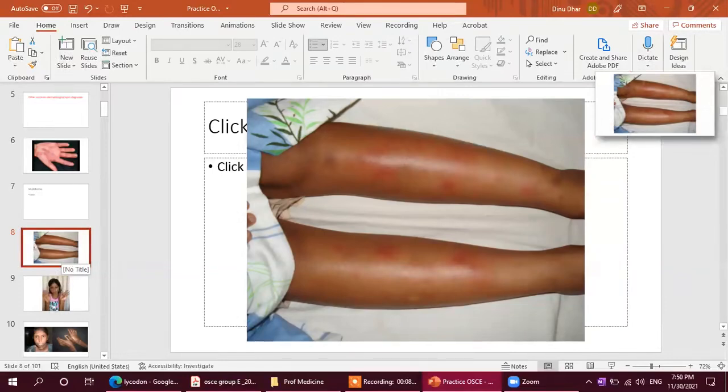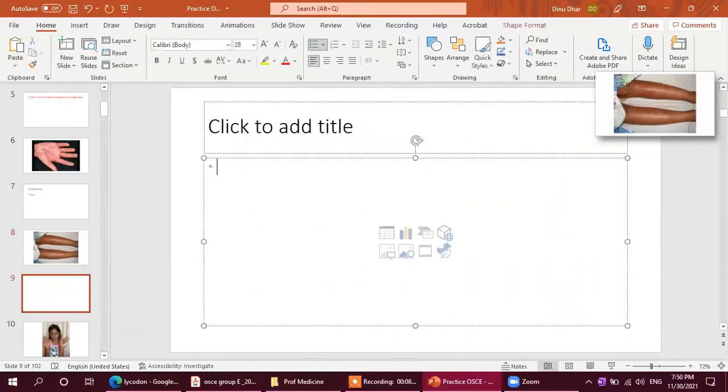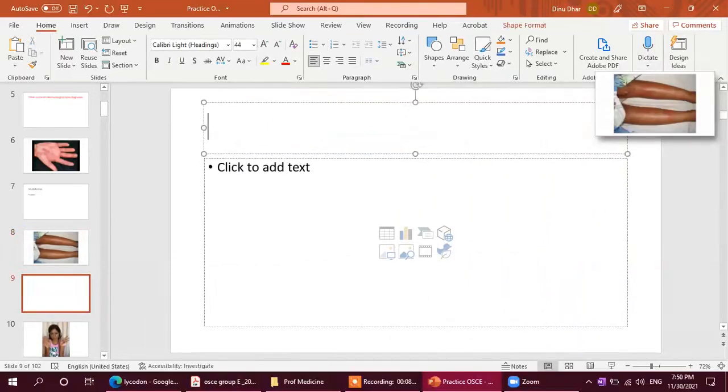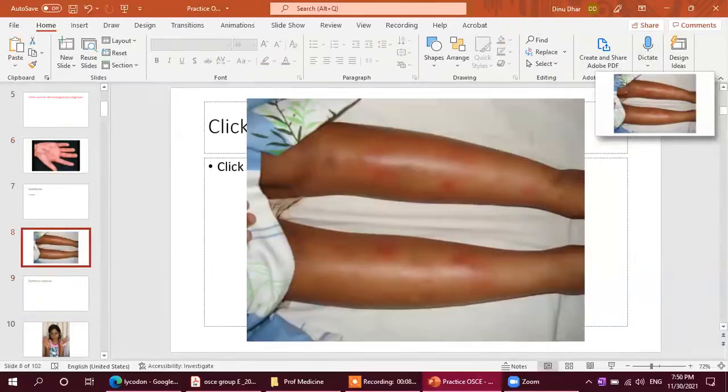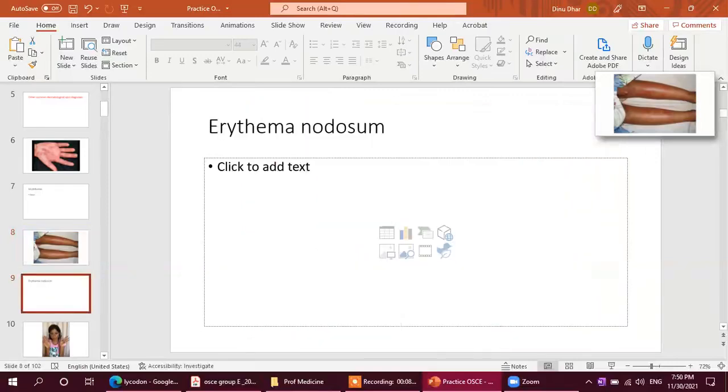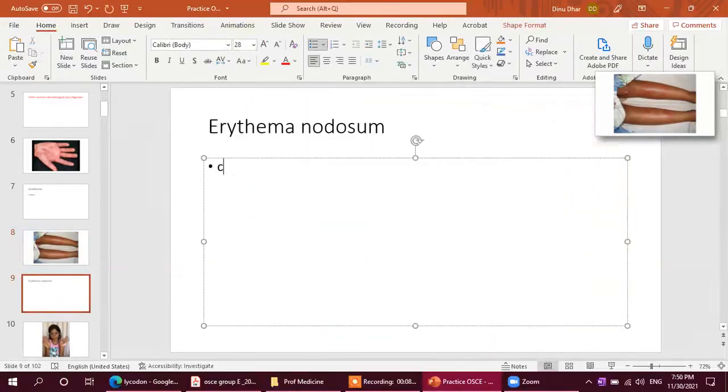Right, so if I give a history saying this is a painful nodular lesion in the shins, it's erythema nodosum. And again, like erythema multiforme, you need to know a few causes. Erythema nodosum can be secondary to certain underlying systemic illnesses.